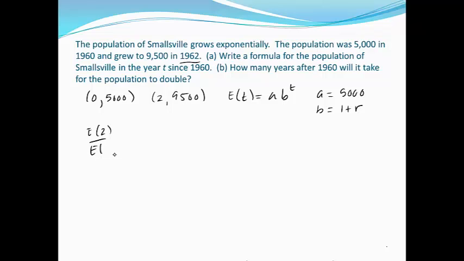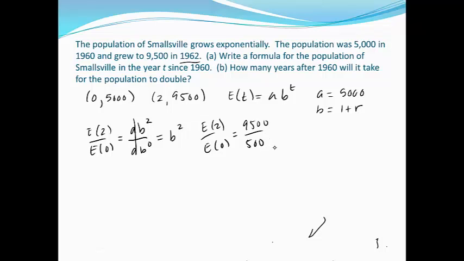of our two formulas. E of 2, which is a b squared, over E of 0, which is a b to the 0, in which we can cancel the a's. B to the 0 is 1, so we get b squared. Also, if we look at the ratio in terms of evaluating, we get 9,500 over 5,000, or plugging that into our calculator, that's 1.9.